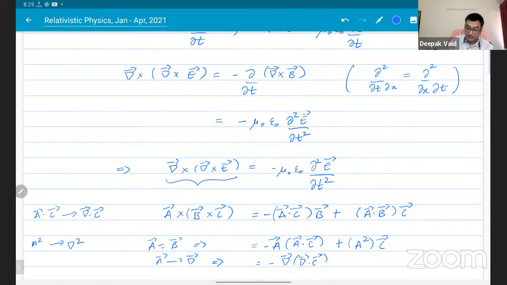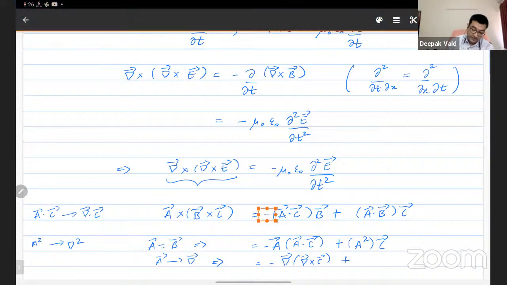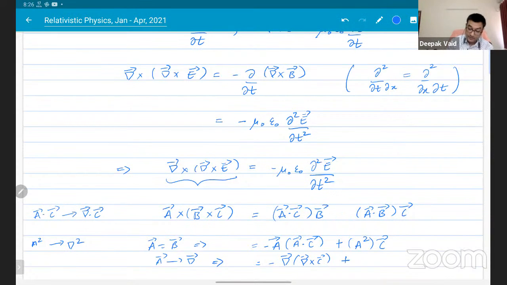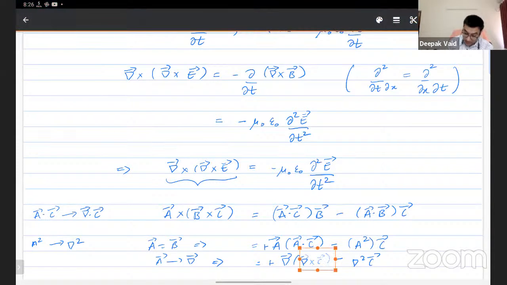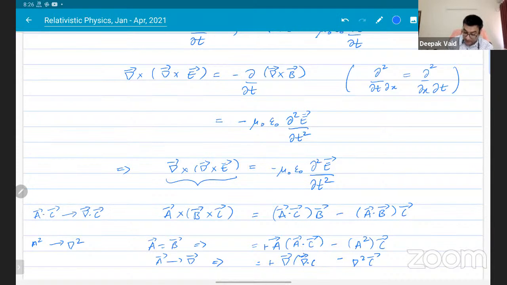So this becomes gradient of the divergence of vector C plus, and I think I might have been right about the sign, minus A square becomes del square vector C. Okay, so not cross product, grad divergence.